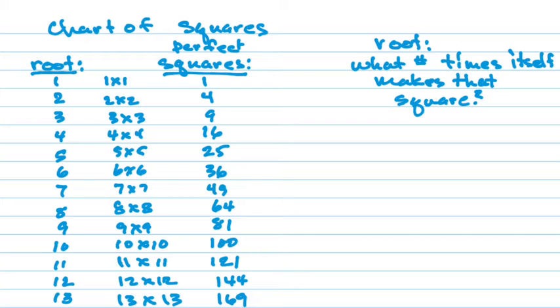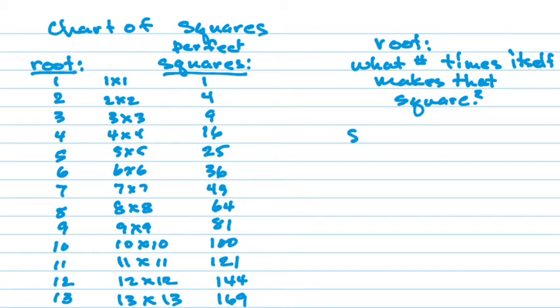Okay. What is the square root of 169? 13. What is the square of 7? 49. Okay. So do you see the difference there? If I ask you for the square, that means you want to multiply the number times itself. If I want the square root, then you're going to find out what number times itself made that number. So you're just going back and forth. And that's what we're going to be looking at today.